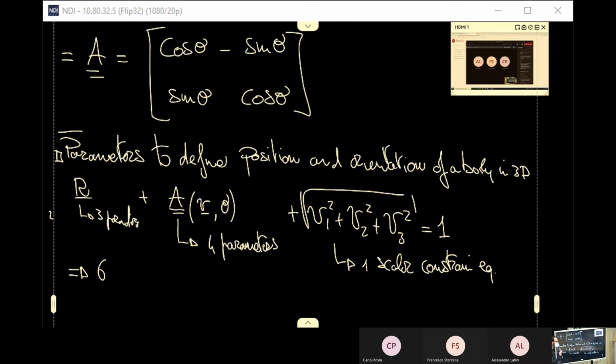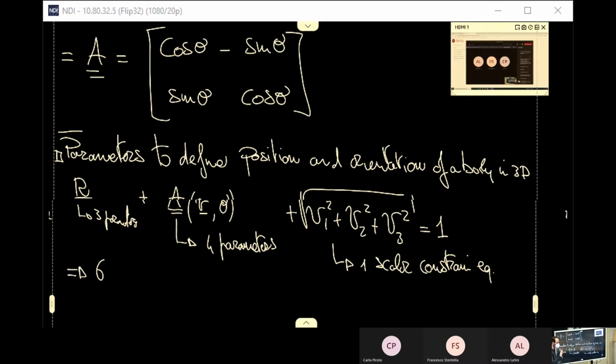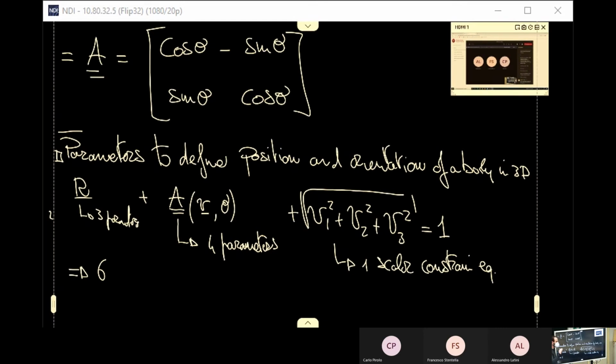But if we want only to know what is the position and orientation of the body itself, this can be done being able to identify and to define its frame, the local frame, right?